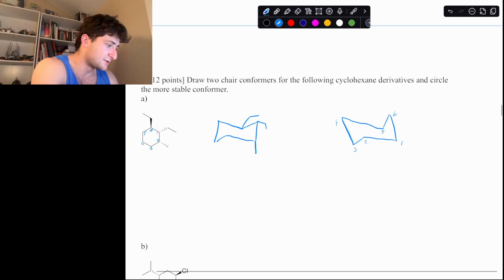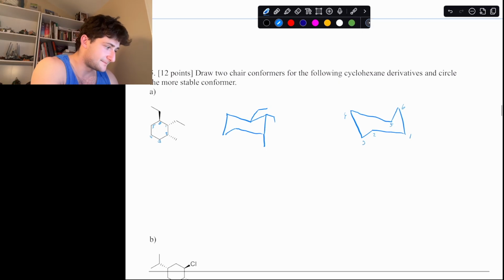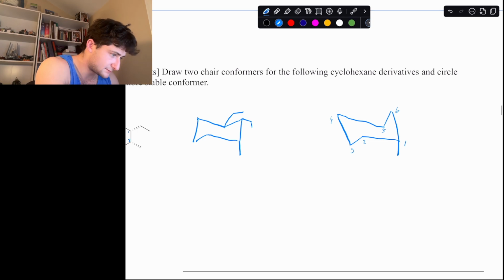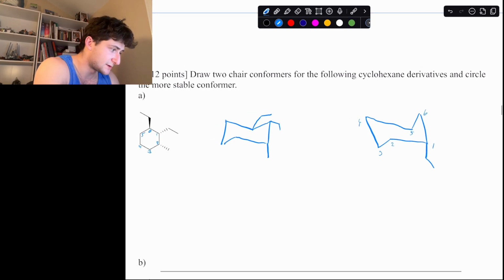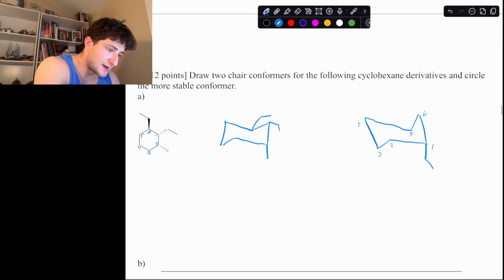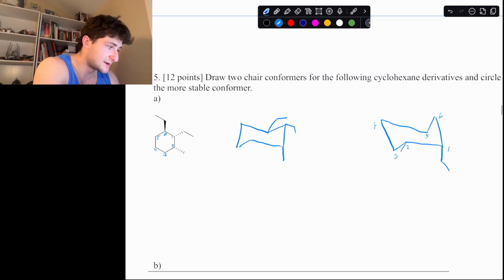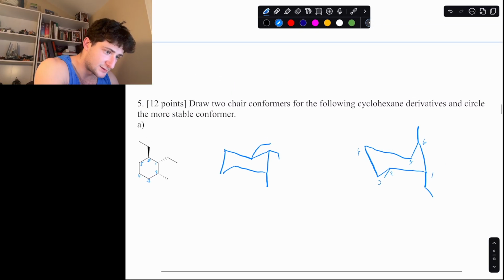And then you go back to the original. We got axial down on this first one. And then this one's equatorial towards the closest. 3, 4, 5. And then we got axial up.